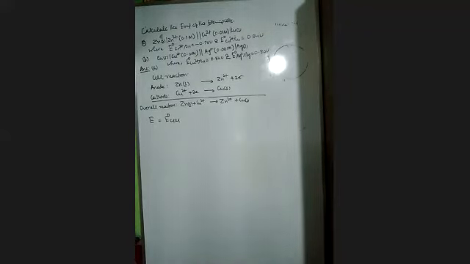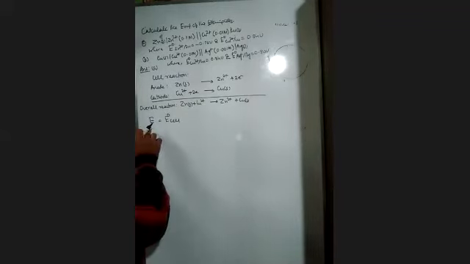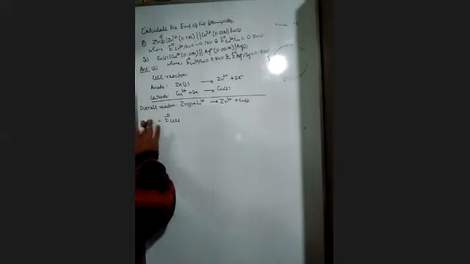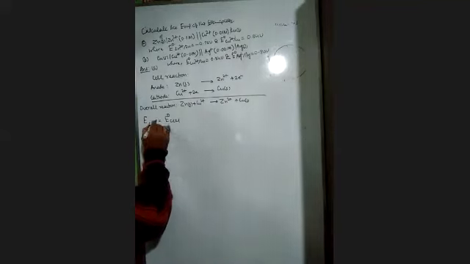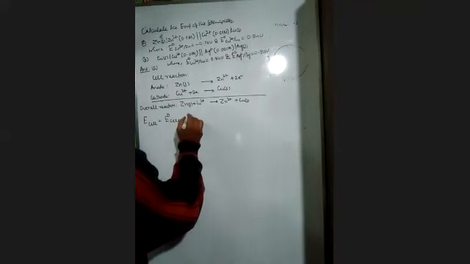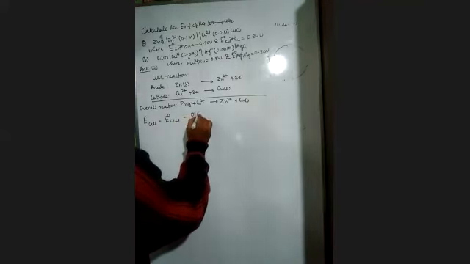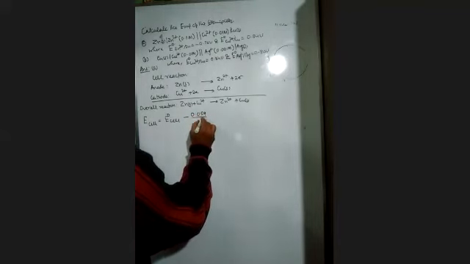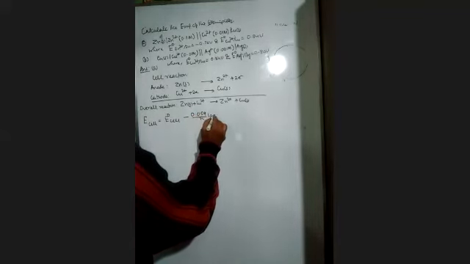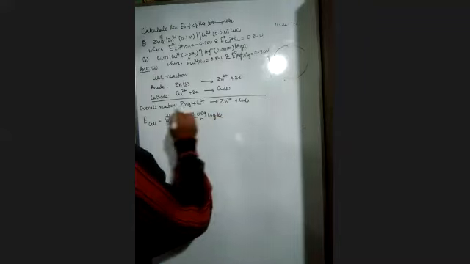So first we'll write the main equation, then after that we'll do it stepwise. So E cell is equal to E0 cell minus 0.059/n log Kc. So what is Kc?